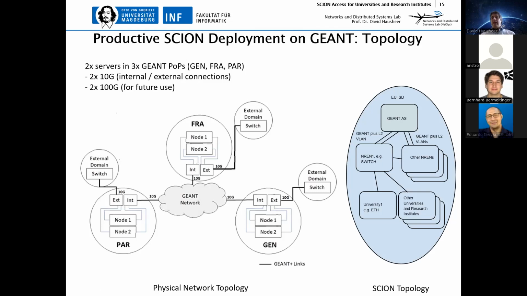And then any NRENs connecting to that via GÉANT Plus layer 2 VLAN essentially become a child of that GÉANT SCION parent AS. And then further on, universities that join the NRENs in order to be connected to SCION would then just become children in the topology on the SCION level of those NRENs.